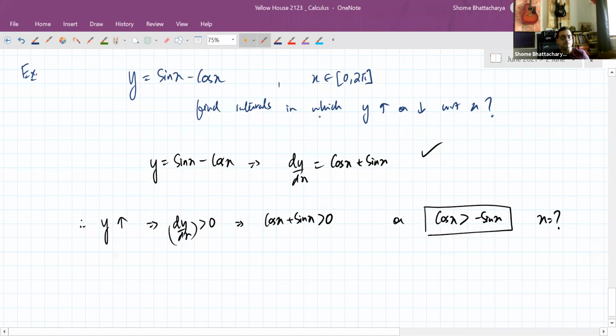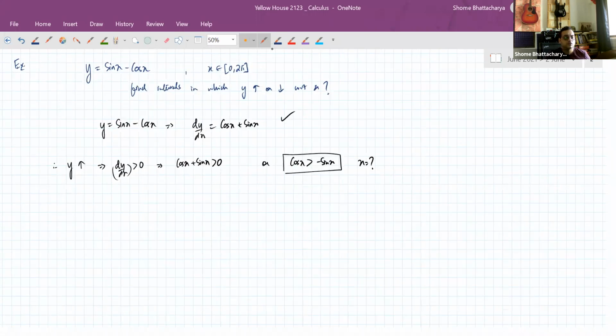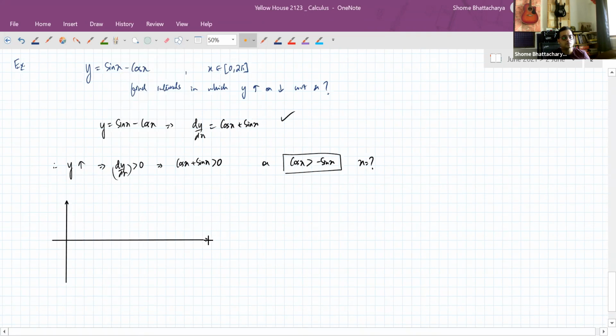Now from this, how will I find the values of x? Let's understand that. Okay. So this is where a little bit of graph theory for cos and sin will help us. We look at the basic graph of, for example, cos x. We can see that the graph is like this.